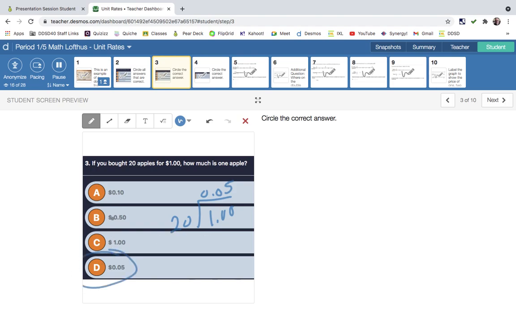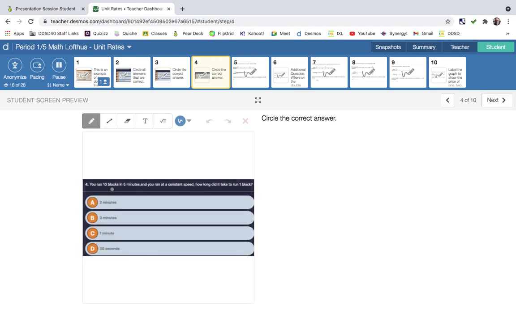And so that's D. 10 blocks in 5 minutes is a unit rate of 30 seconds for every block. So that would be 0.5 minutes for one block, or per block. So that answer is D on that one.